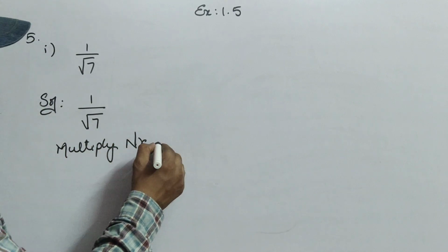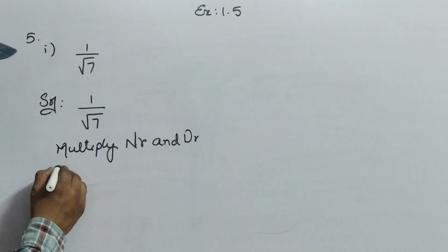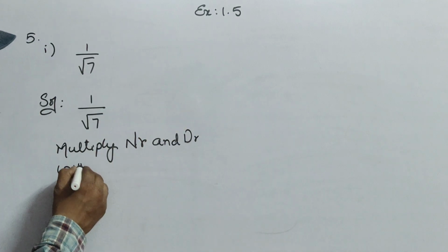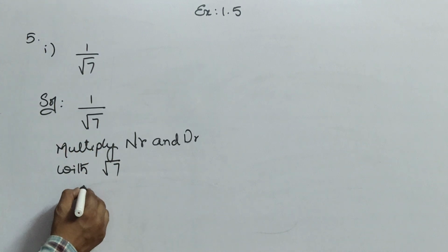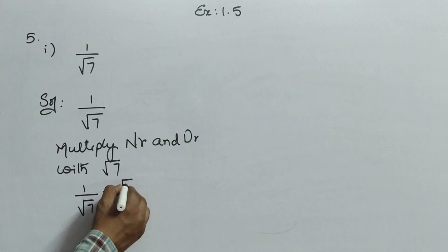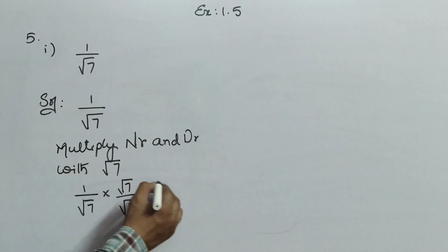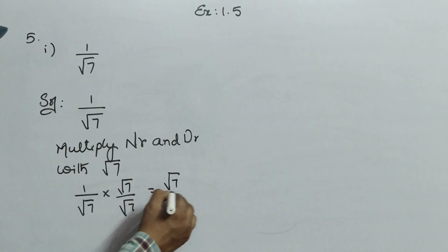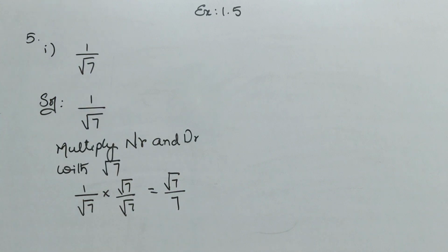NR means numerator. Multiply numerator and denominator with root 7. That means 1 by root 7 into root 7 by root 7. So 1 into root 7 is root 7, and root 7 into root 7 is 7. So that is the answer.